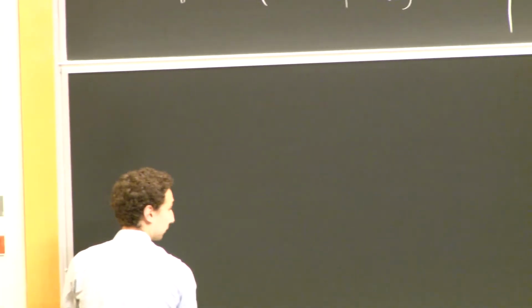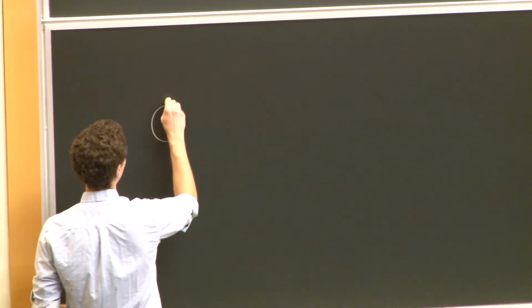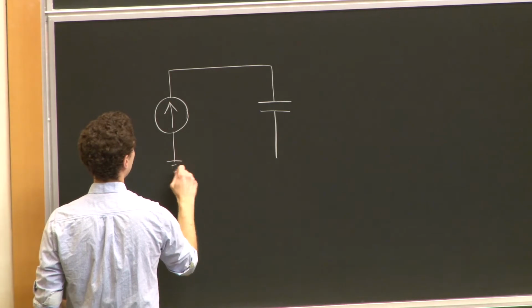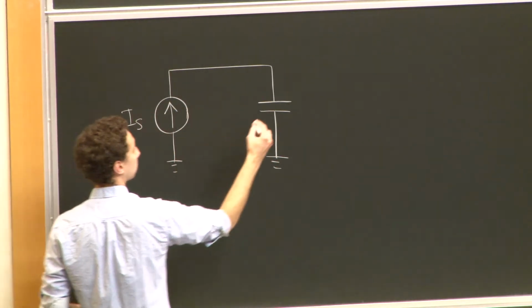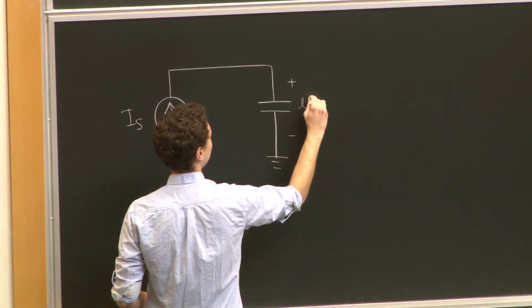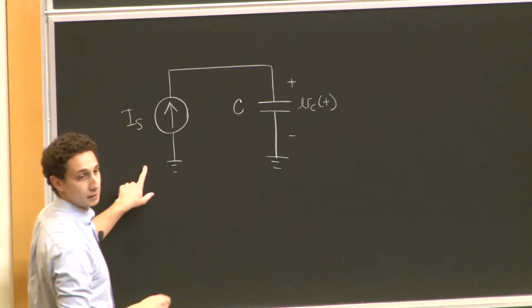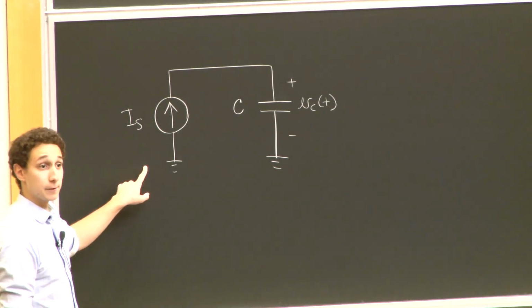So what happens if, let's say I give you the following circuit. I take a current source and I attach it to a capacitor. Here's my source, here's my capacitor C, and my voltage Vc of t, the voltage on the capacitance as a function of time.